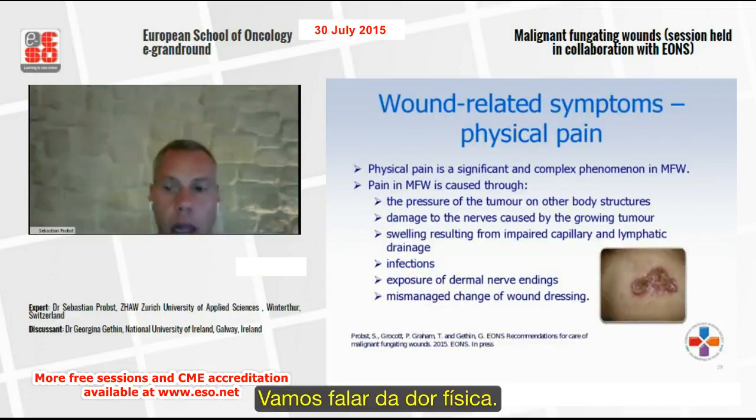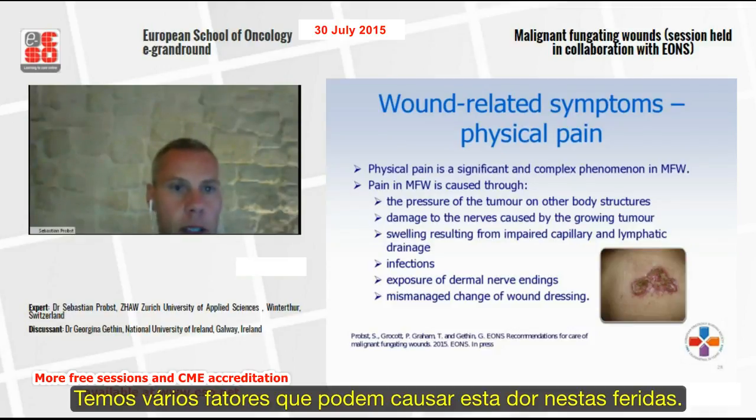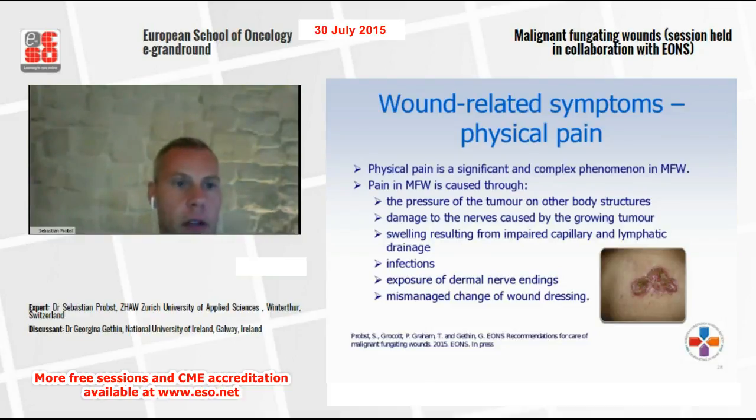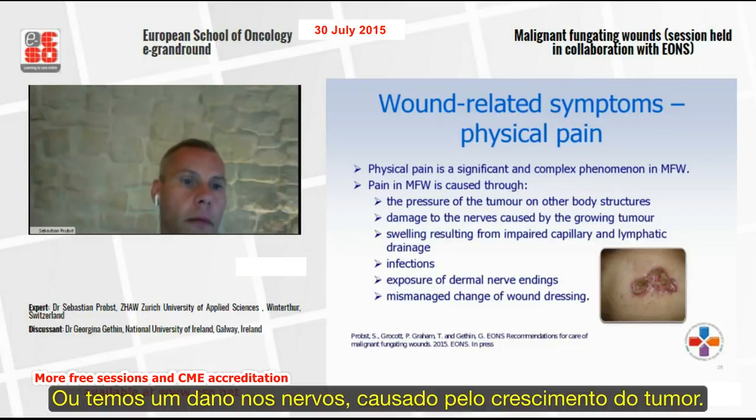Let's talk about physical pain. Physical pain is very significant, and it's a very complex phenomenon in malignant fungating wounds. We have several factors that can cause pain in these wounds. First of all, we have the pressure of the tumor on other body structures like bones, for example, or damage to the nerves caused by the growing tumor.